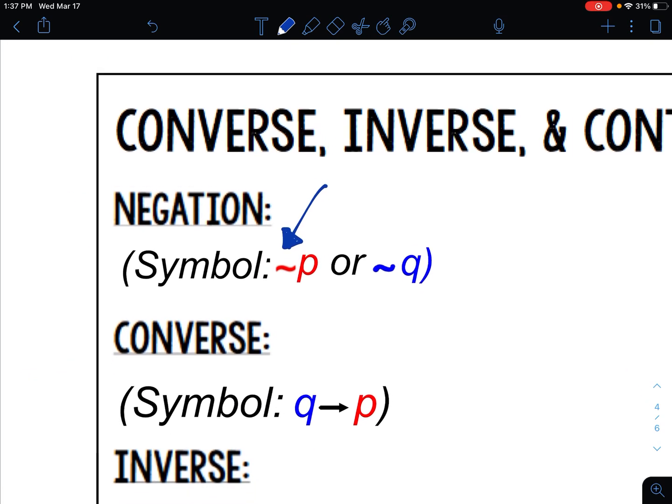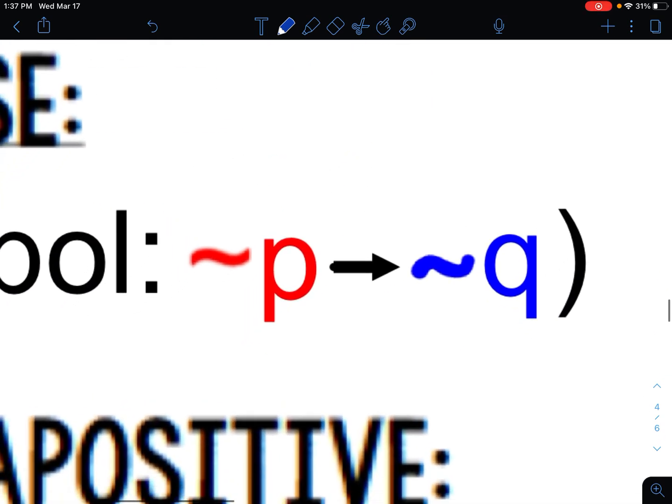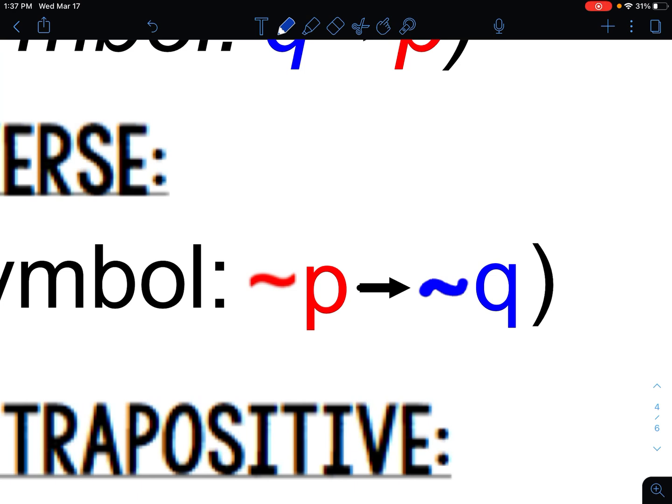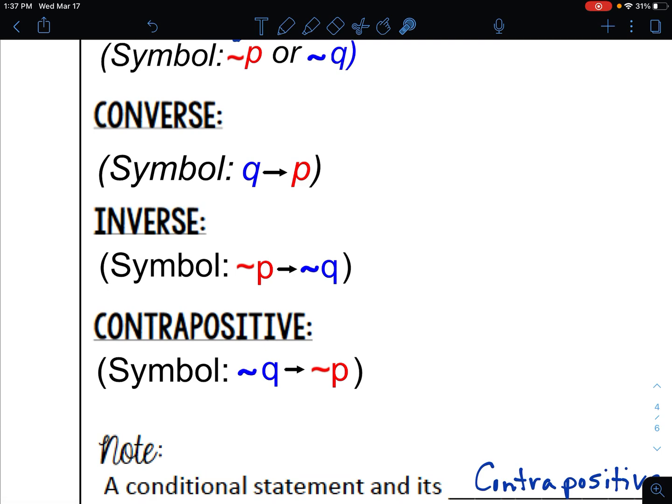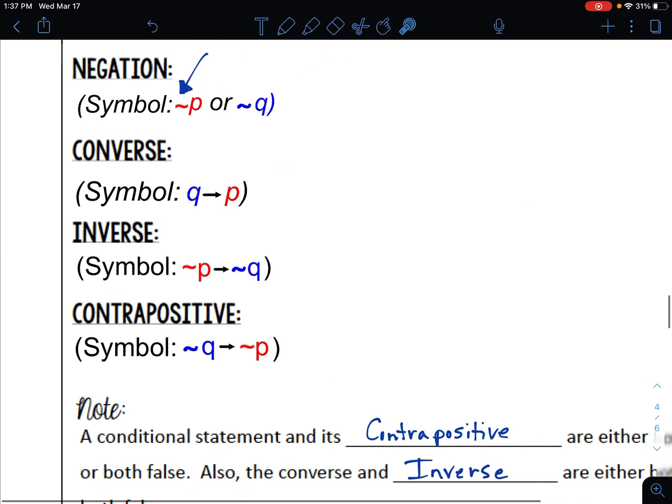So it's saying negate the hypothesis, negate the conclusion. The contrapositive is saying negate the conclusion, negate the hypothesis. And that arrow is just whatever's listed first goes first and second, okay?